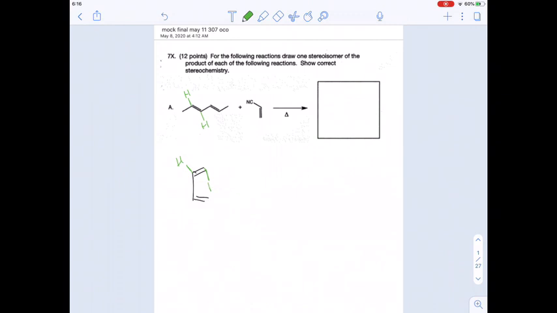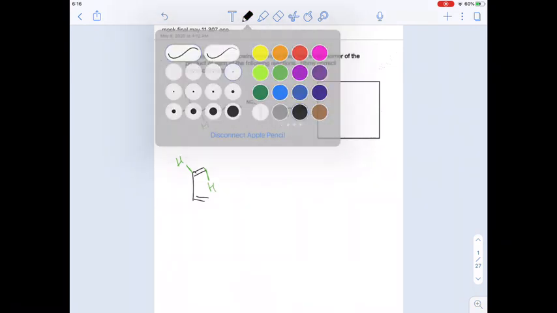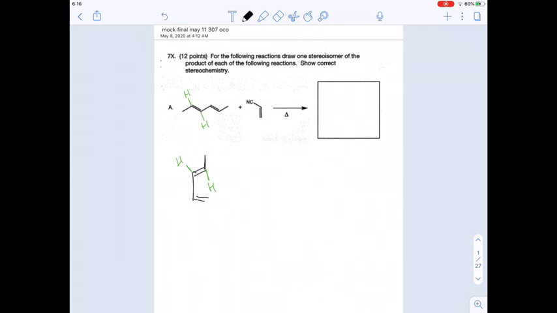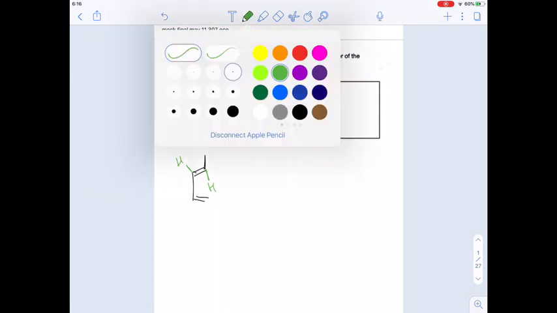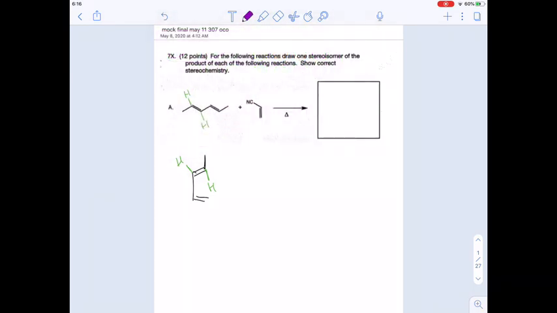So now on the other side, because these H's are trans to each other, one is going up and one is going down, you have to make your H's trans to each other on your diene. So if this H is going up here, the other H has to be going down. Does that make sense? So that lets you know that the only place for the methyl to go is up, or away from the center of the diene. Hopefully that makes sense. If anybody has questions, you could definitely ask me.